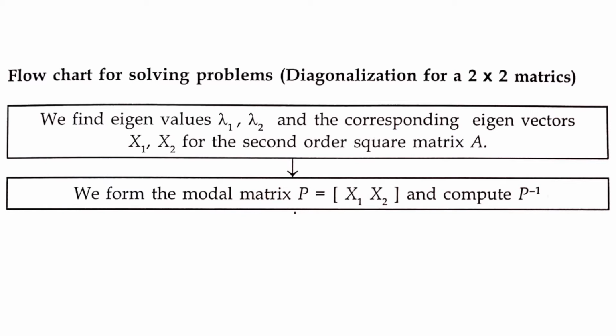We form the modal matrix P as x1, x2, that is, we collect this eigenvector and write it in column form. Then we take the second eigenvector and write it in the second column, so that we get a matrix which we call capital P. After writing this P with the help of eigenvectors, we compute its inverse, P inverse.